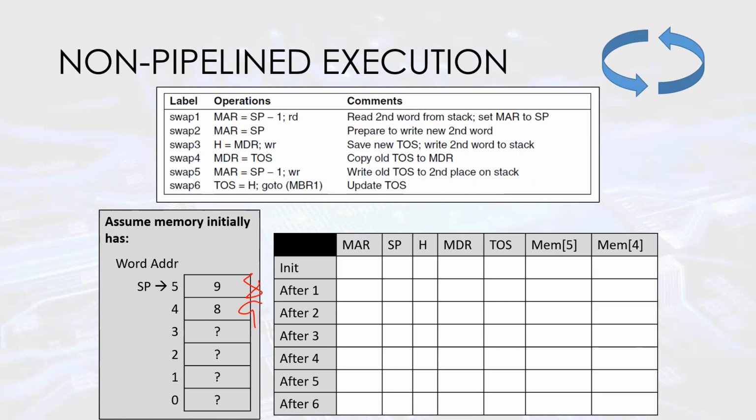Okay, so if I look at this, let's just look at init, okay? Look at init, grab a partner or two, and I want you to try and figure out what that top row would have.